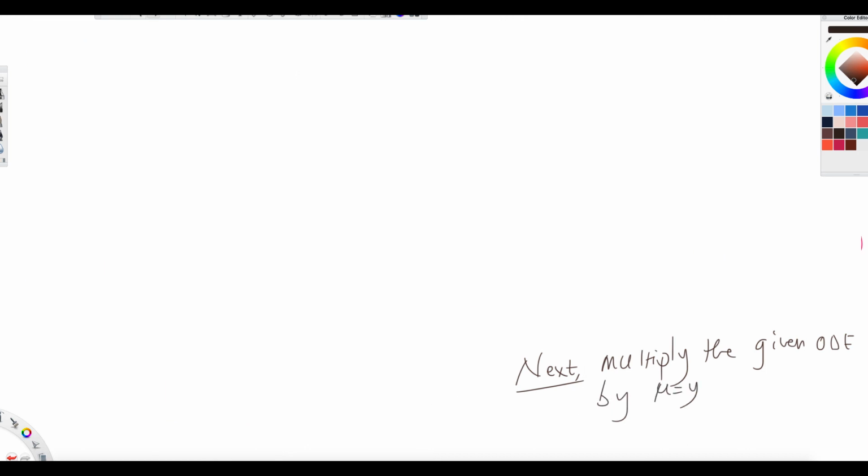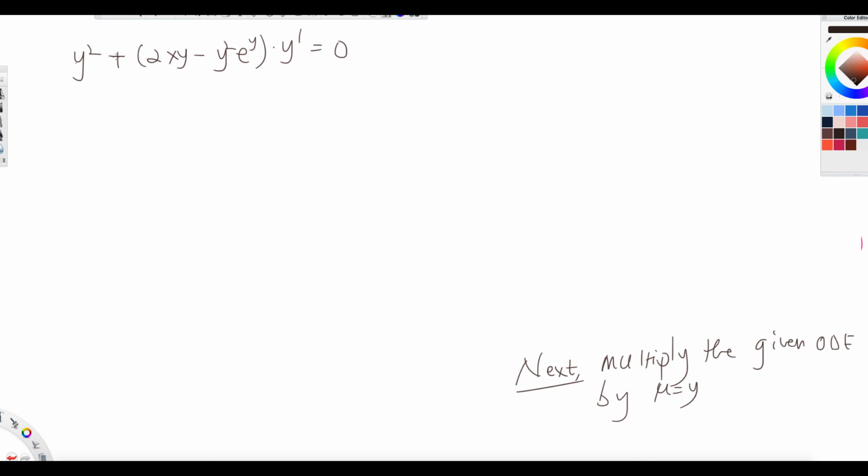Your ODE will look like y squared plus 2xy minus y squared e to the y times y prime equals 0, right? Previously we had just y plus 2x minus y e to the y times y prime equals 0. Now this should be exact. Is it exact? Let's see.